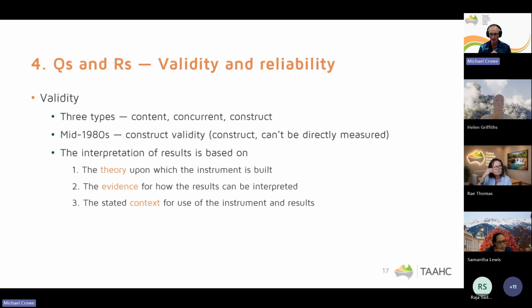The government does NAPLAN every year for years 3, 5, and 7, or 5, 7, and 9, or something along those lines. One of the big reasons why NAPLAN shouldn't be used is that it wasn't developed for the purpose the government uses it for.